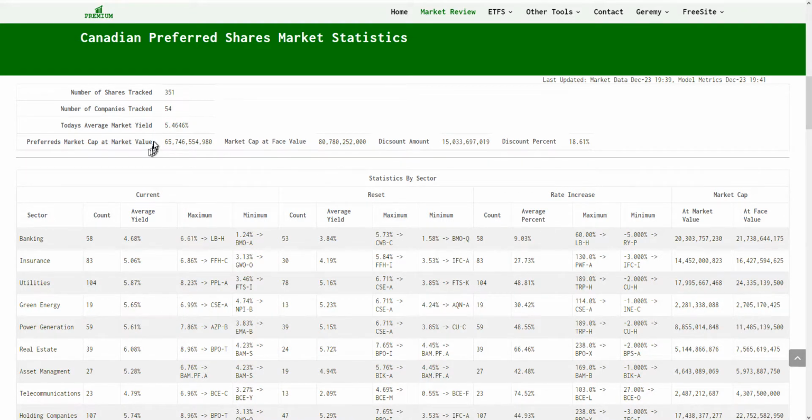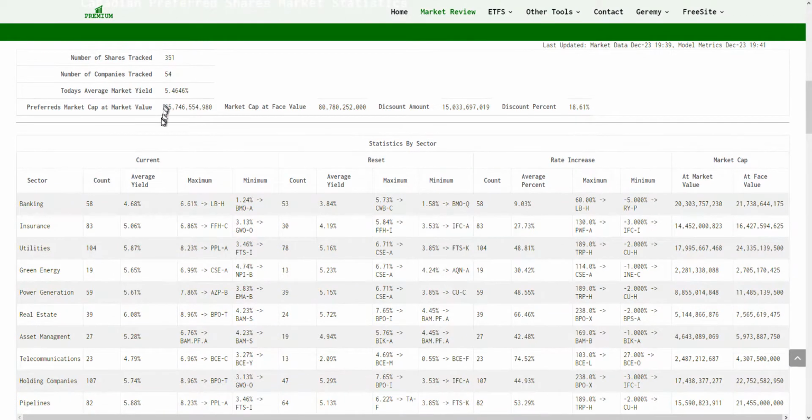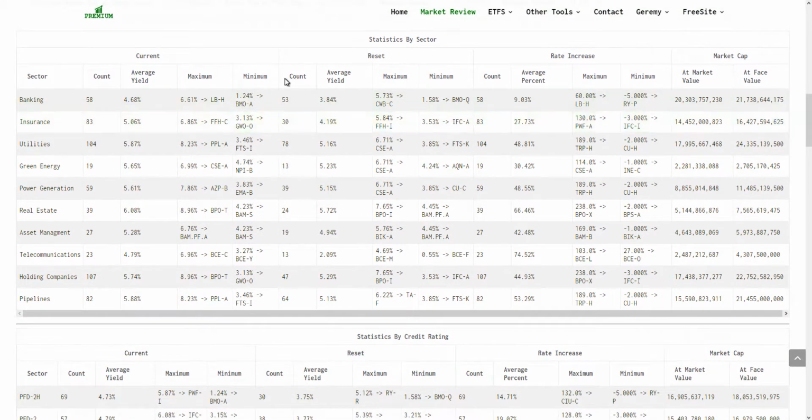TD's average preferred yield is almost 1% less. In the section Statistics by Sector, locate the banking sector. The sector has an average current yield of 4.68% and reset yield of 3.84%. TD yields are very close to the averages.